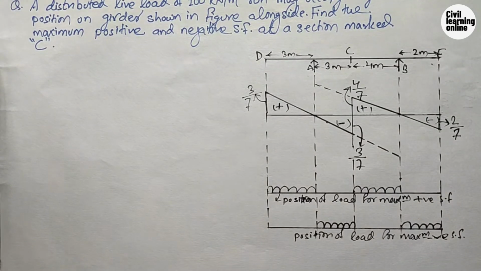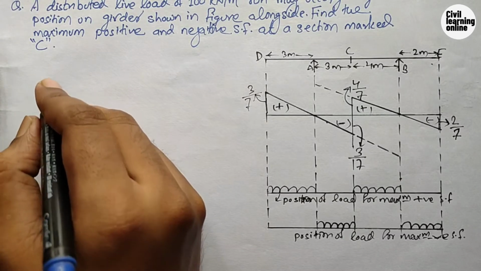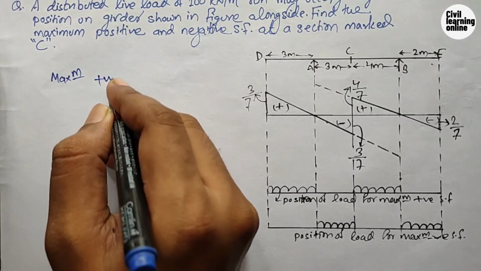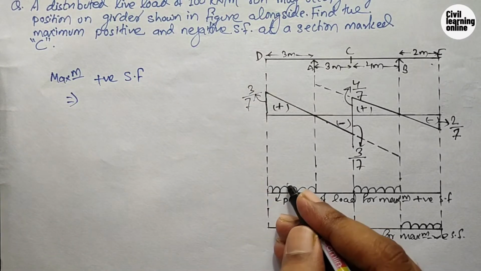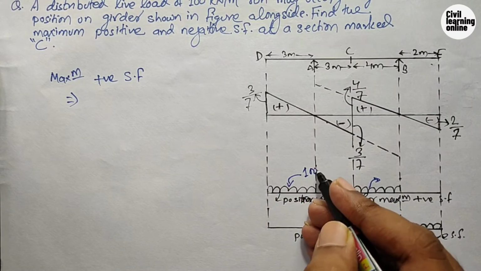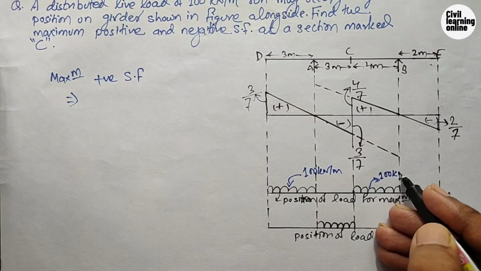Now multiply the intensity of load with the value of this ordinate to calculate the maximum positive shear force and maximum negative shear force. The first one is maximum positive shear force, and the intensity of load here is 100 kilonewton per meter.